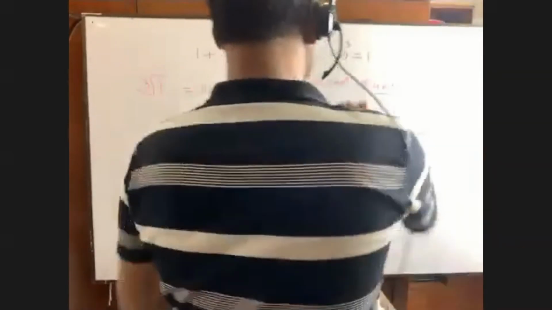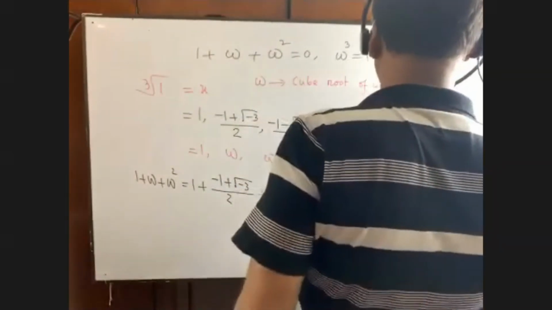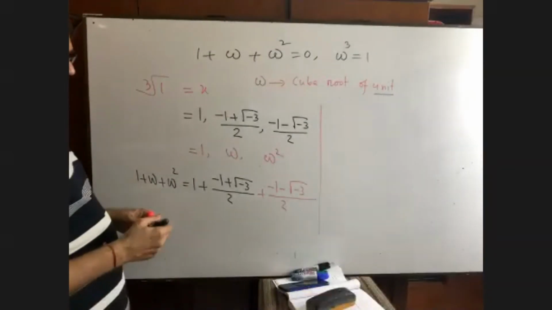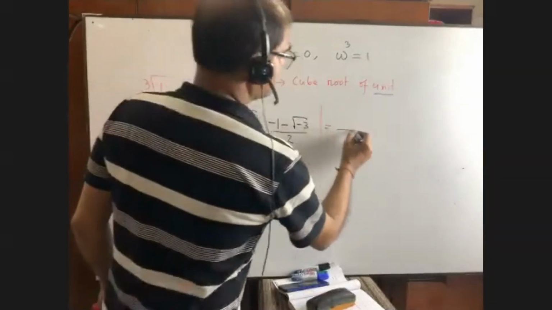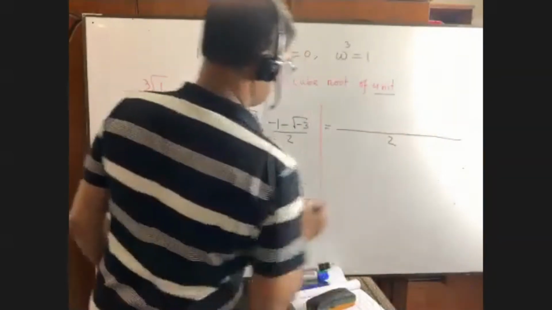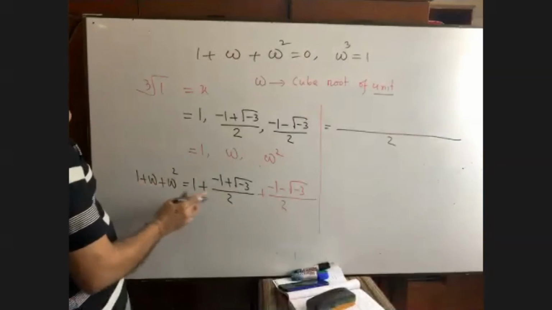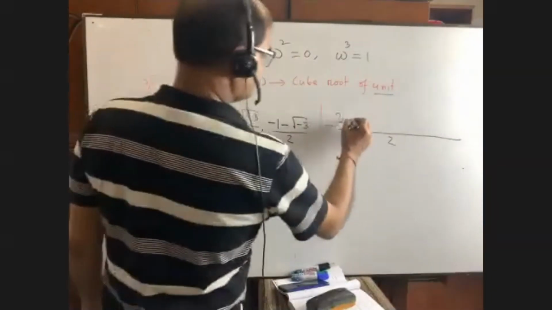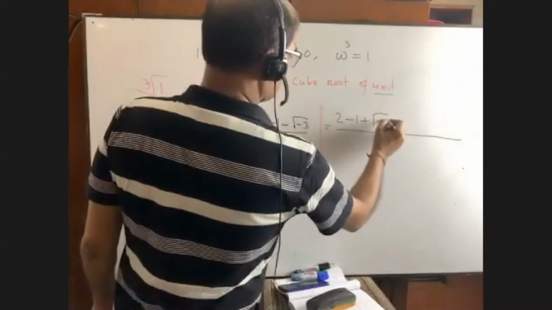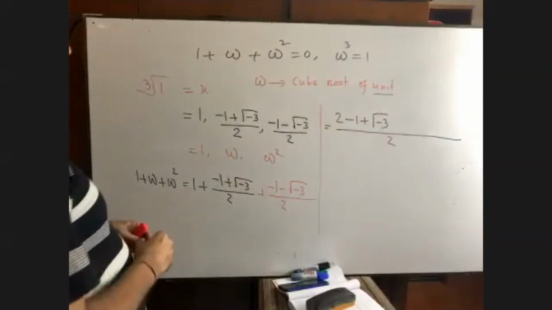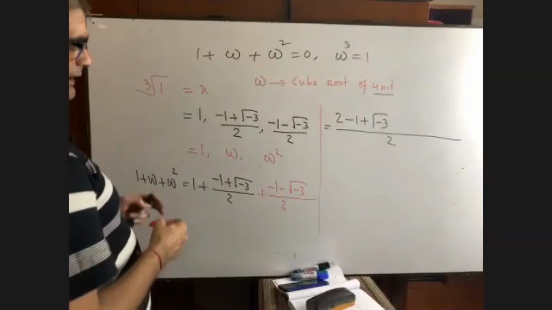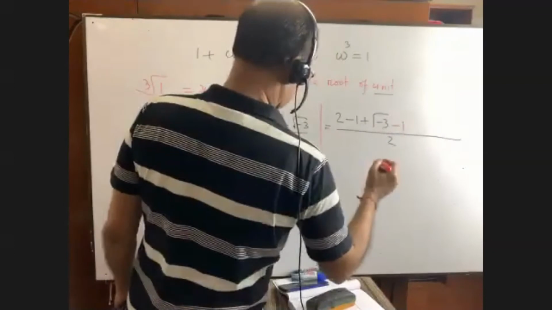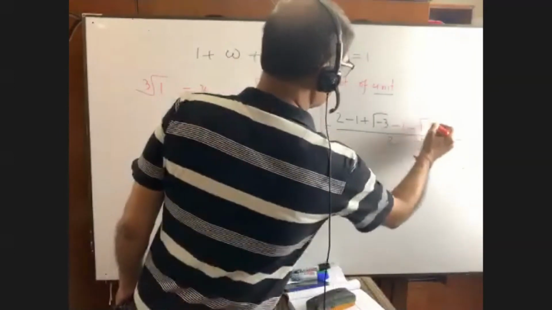Now, can you please calculate? Can you please calculate by taking the LCM? What will we get? 2 is the LCM here. 2 into 1 is 2. Here it is minus 1 plus root over minus 3, and here it is minus 1 minus root over minus 3.